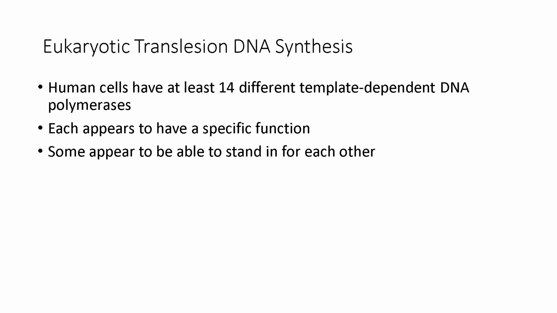Eukaryotic cells also use translesion synthesis to tolerate DNA damage. Humans possess at least 14 specialized DNA polymerases, some of which participate in this process. Each of these polymerases has a unique substrate preference and can bypass specific types of DNA lesions.